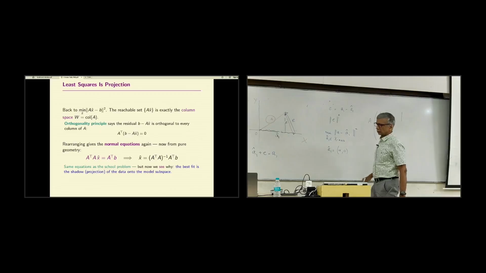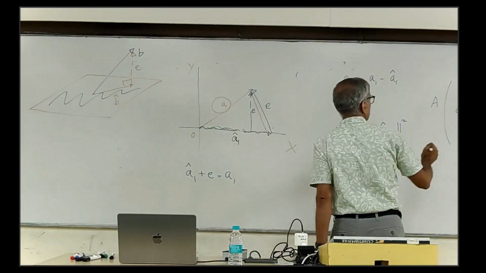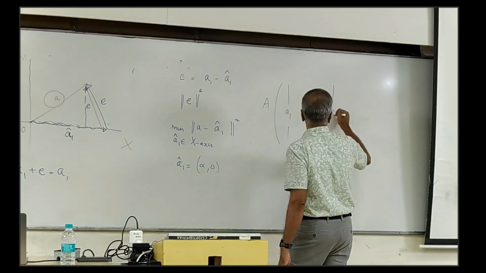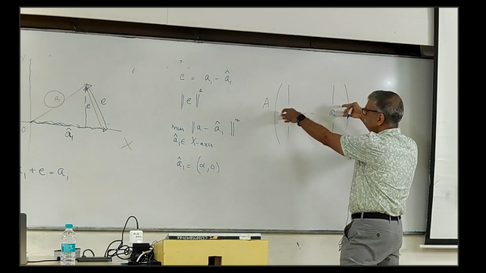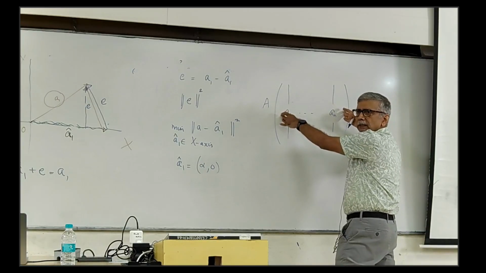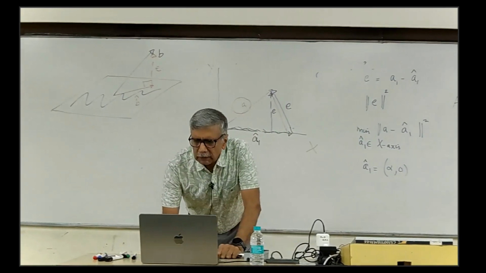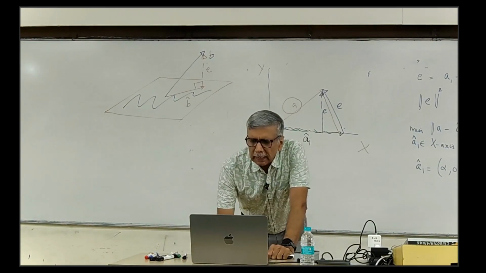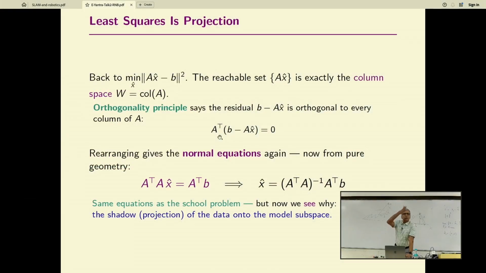I don't remember what dimension I took, but let's say it was M columns, and you were trying to approximate B with the best possible combination of these. If you approximated it with the best possible combination, that's A X hat, the error in B should be perpendicular to the columns.